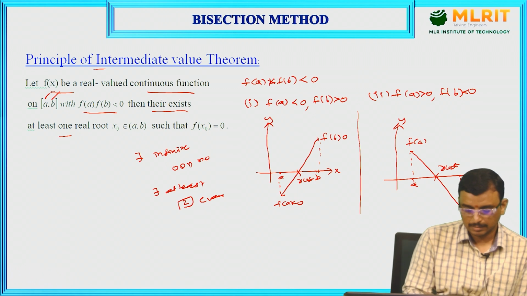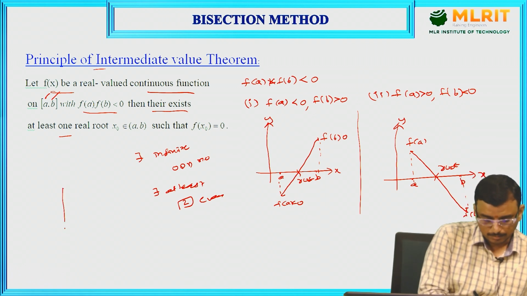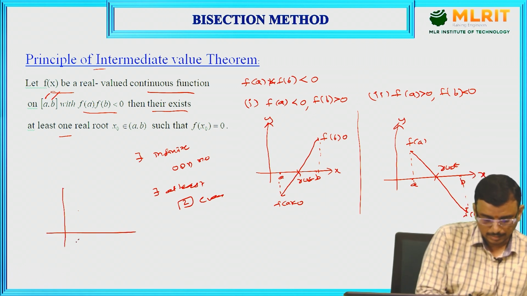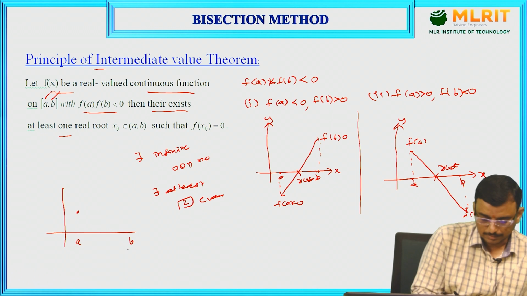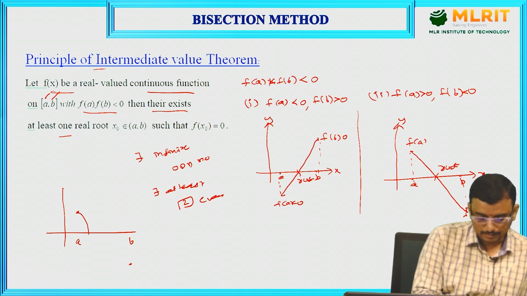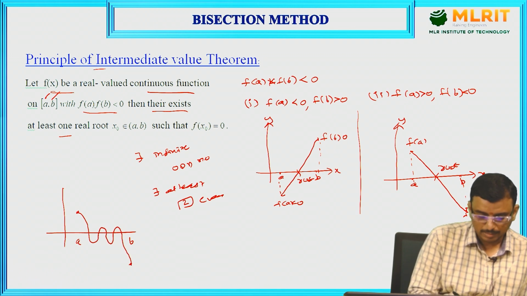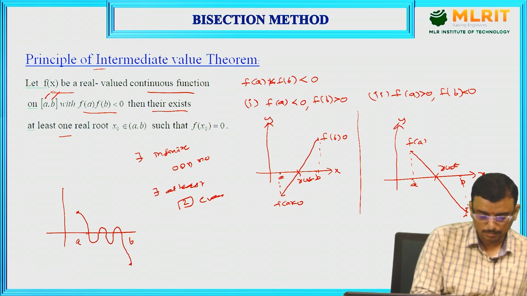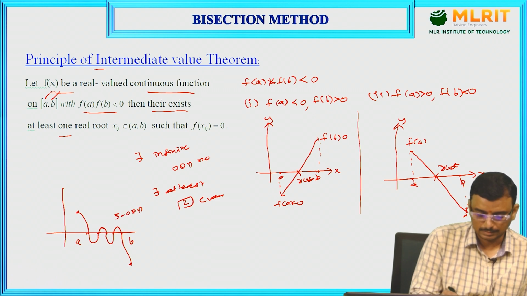I can explain this graphically. This is a and this is b, this is positive and this is negative. The graph looks like this, and this, and this. So, how many solutions are there? 1, 2, 3, 4, 5. So, 5 is an odd number of solutions.